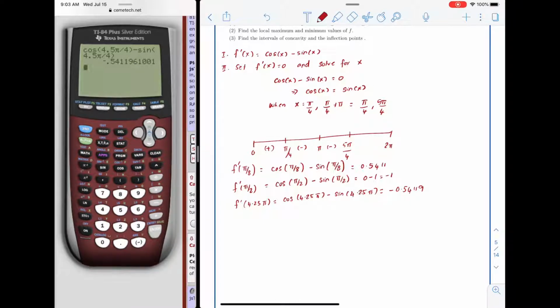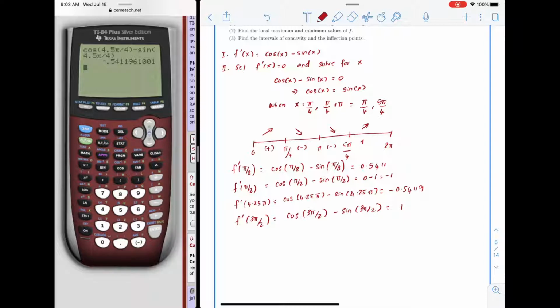And 3 pi over 2 next. We know cosine 3 pi over 2 is 0. Sine 3 pi over 2 is negative 1. So we get 1, so that has to be a positive number. So the function is increasing, decreasing, decreasing, and increasing.